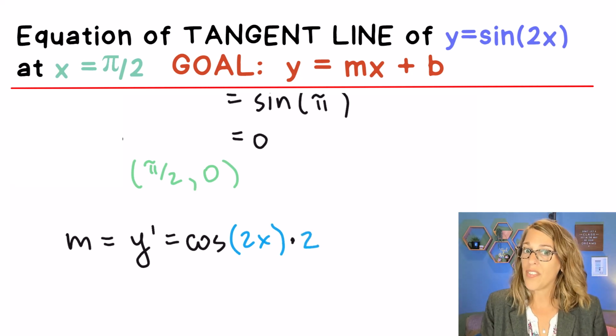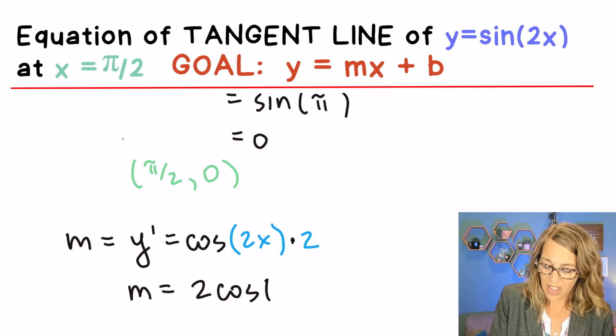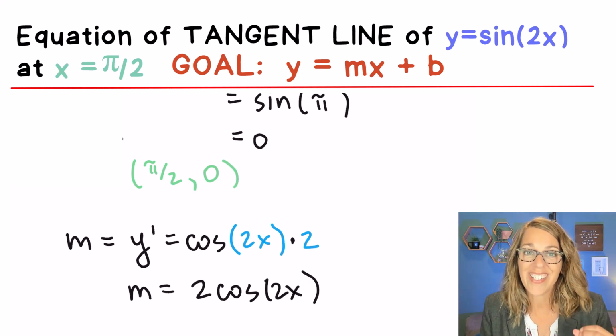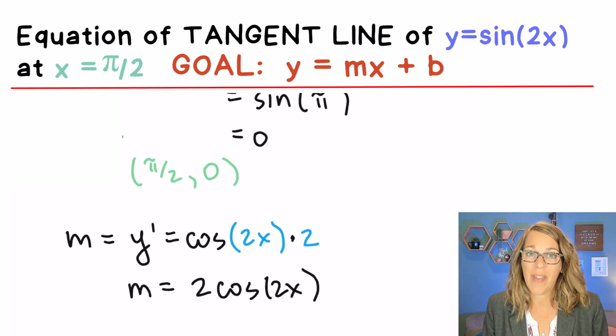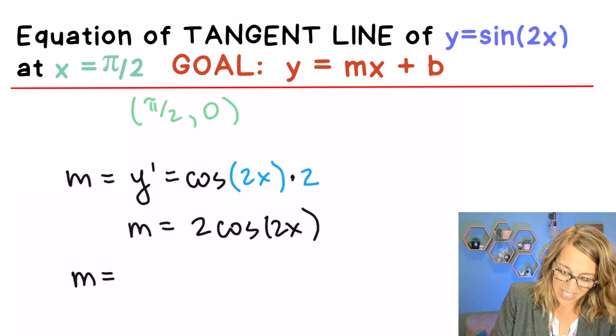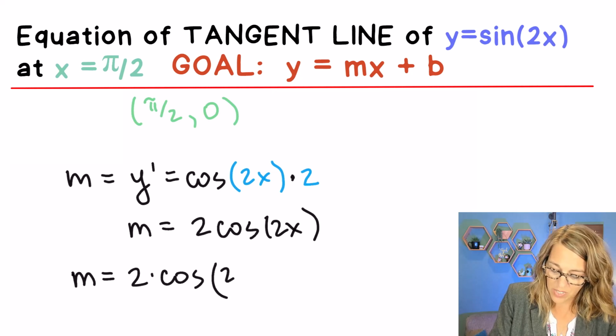We can more simply call that y prime, our slope anywhere along the curve, 2 out in front, cosine of 2x. But what we really want is the slope at x equals pi halves. So m at our point is going to be 2 times cosine of 2 times pi halves.